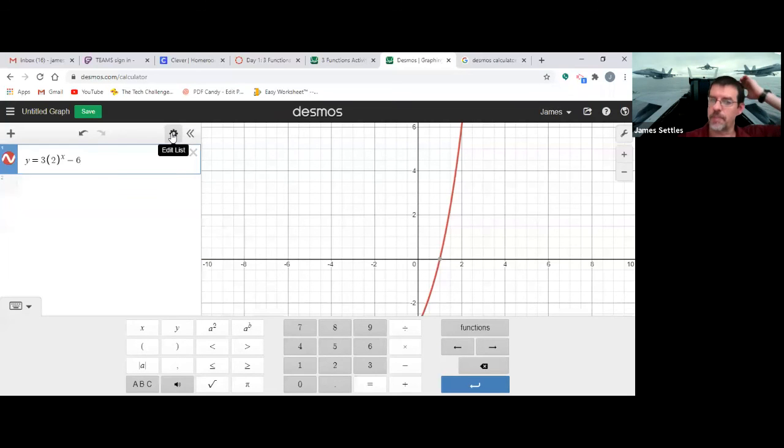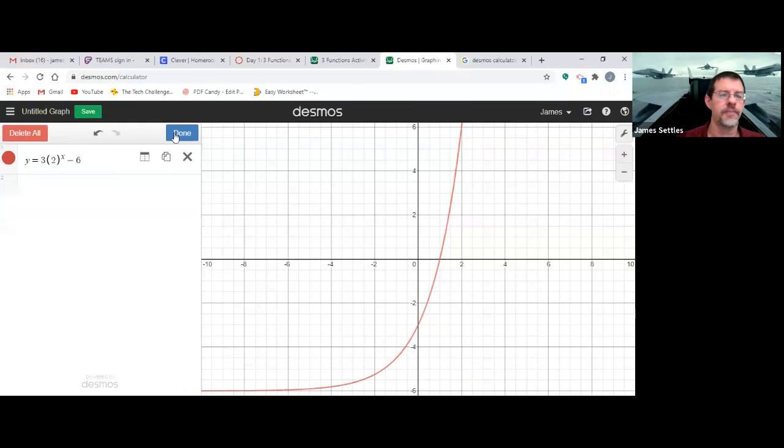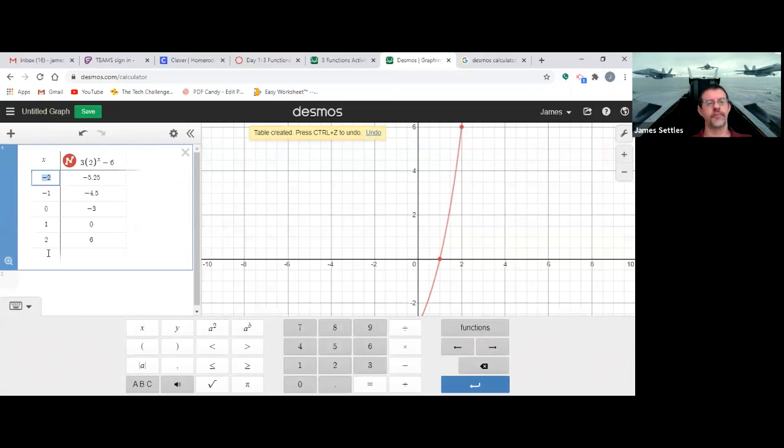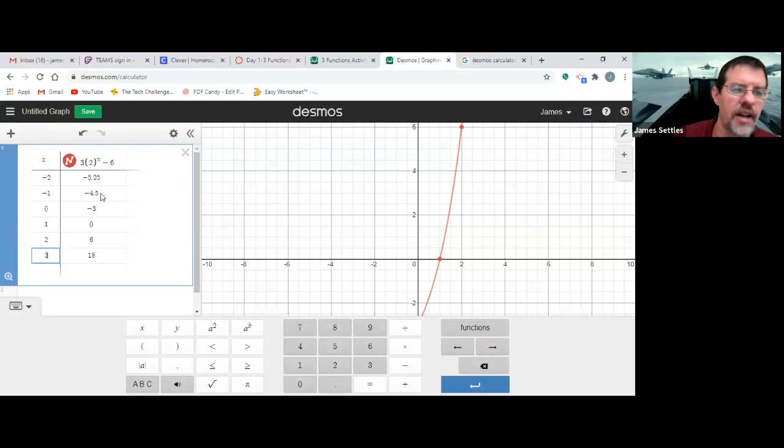What we want is practice on getting that table. So to get the table, you're going to hit the circle, this little gear thing, and then hit table. Our tables go to 3, so it's going to go from -4.5 all the way to 18.